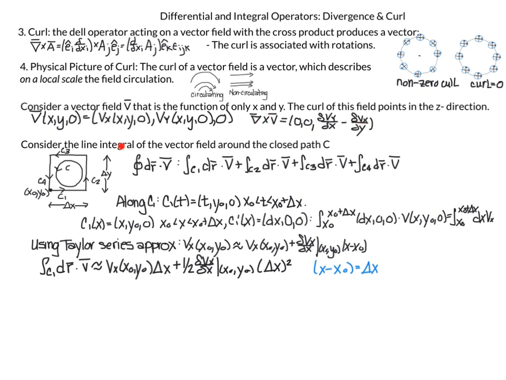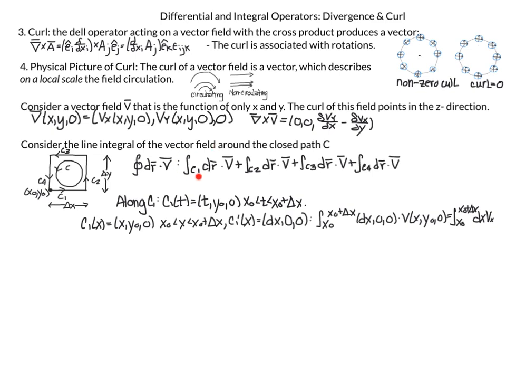And we want to consider the line integral of the vector field around this closed path C. We're going to construct this closed path as a square, C1, C2, C3, C4. So it's the sum of these four line integrals. We will start with the first line integral C1, and the first step is to parameterize our path.